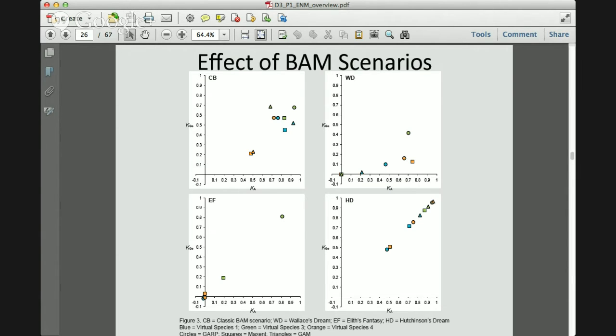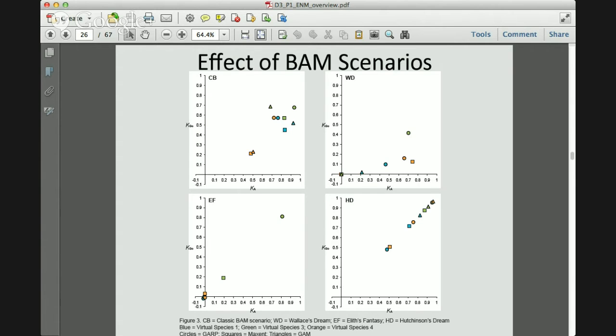Essentially, perfect models are in the upper left-hand corner of these graphs, and the lower left part of each of these panels, essentially where the axes intersect, is a perfectly random model. And all I want you to notice is that under two of these BAM configurations, you can fit good models.